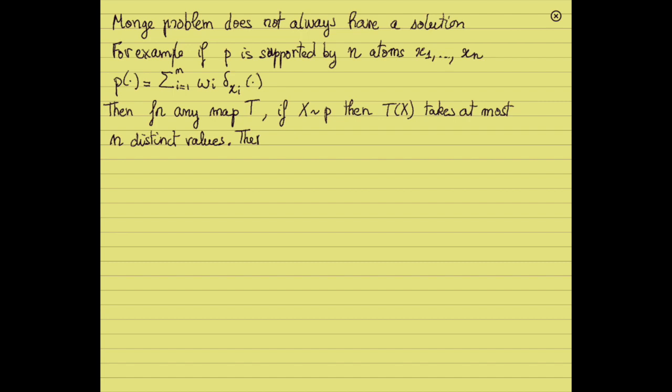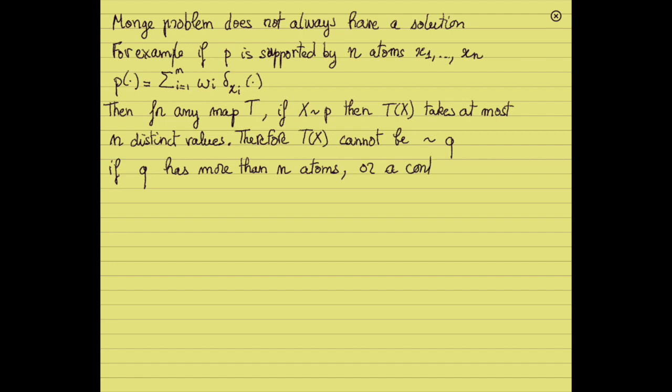In particular, this means that the random variable T of x cannot be distributed according to a distribution Q if Q has more than n atoms, or of course if Q has a continuous part. If Q is a Gaussian, it takes infinitely many possible values, and so it cannot be obtained as T of x, where x follows a distribution with only n possible values.